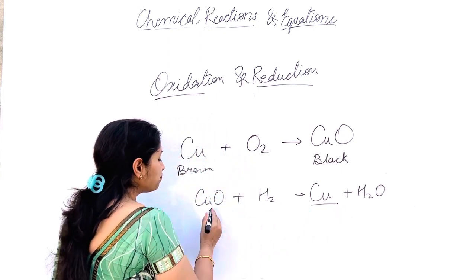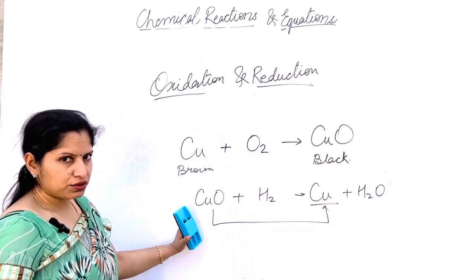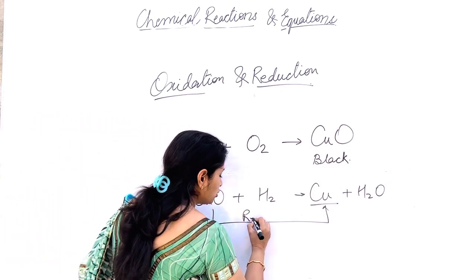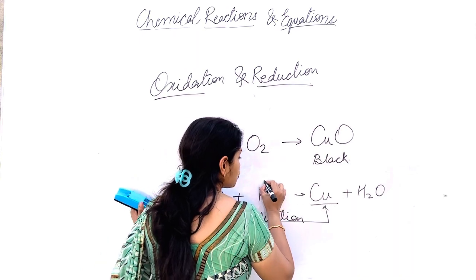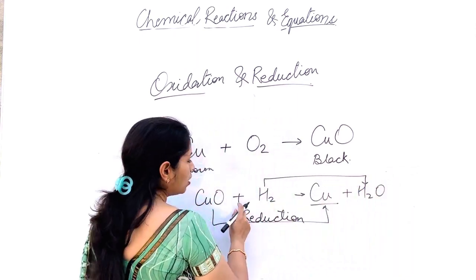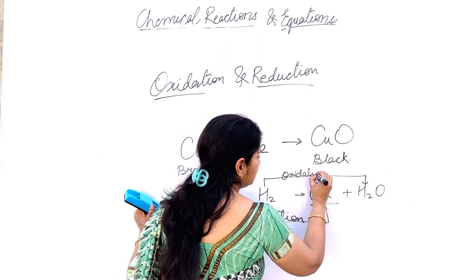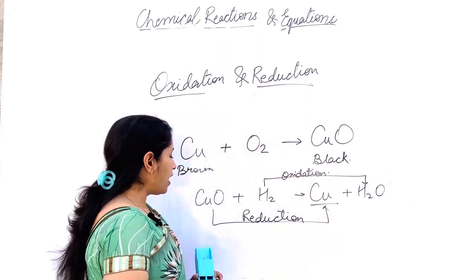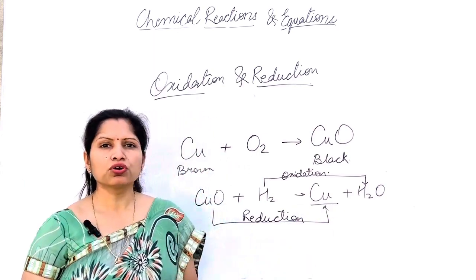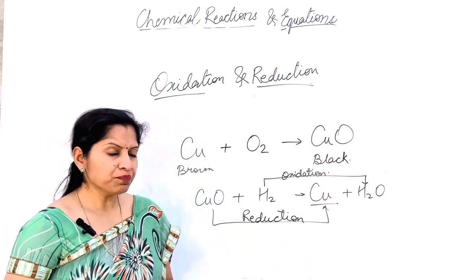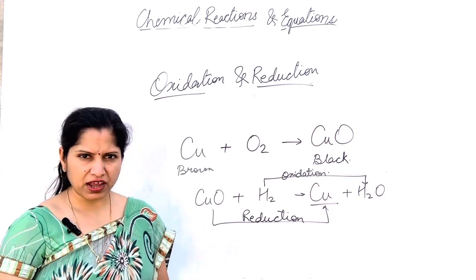Oxygen is removed from copper oxide, so there is reduction of copper oxide and oxidation of hydrogen. Hydrogen undergoes oxidation and copper oxide undergoes reduction to form copper. So these are two examples of redox reactions that we have seen.